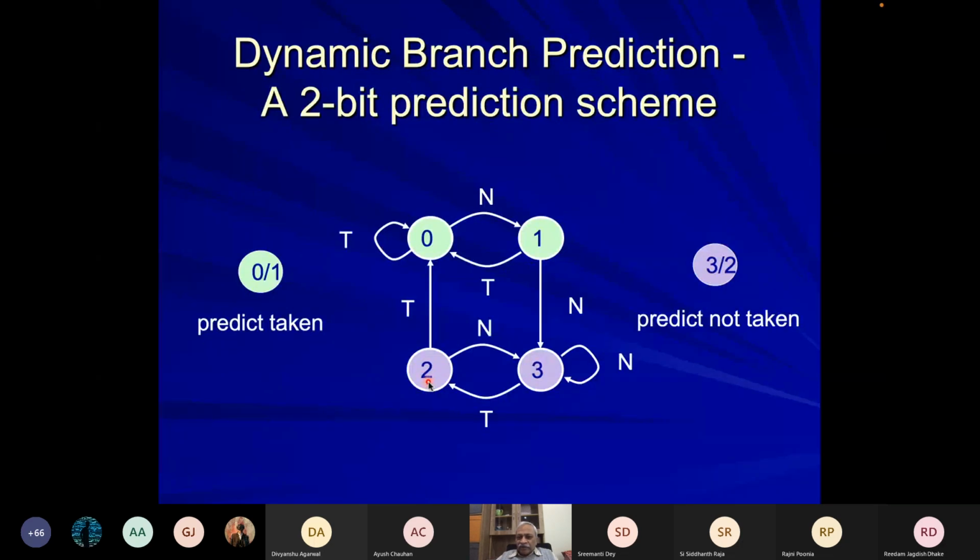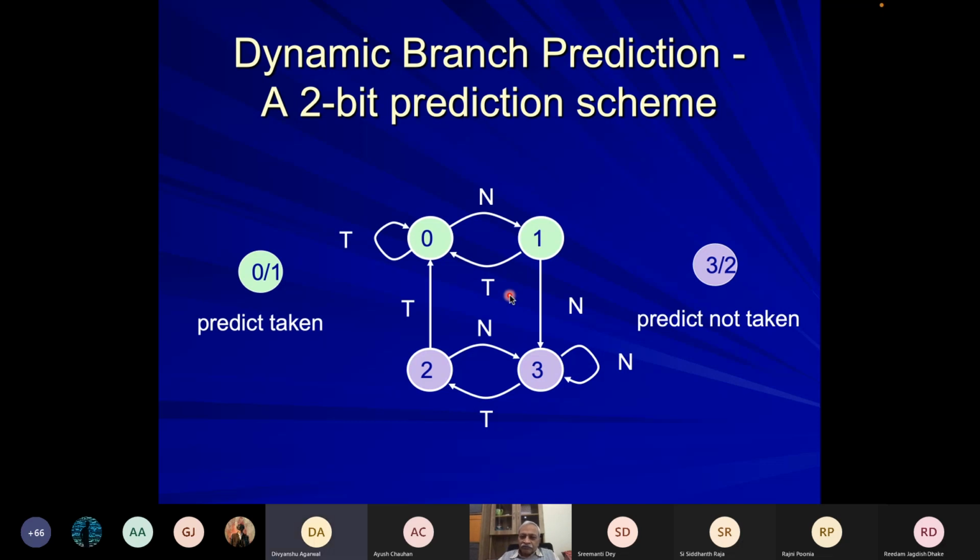You'll see more mispredictions. But if there are lots of branches taken, then you will come into state 0 and 1 and then remain there. So you don't have to worry so much about initializing it correctly. In the long run, those initial transients will become negligible.